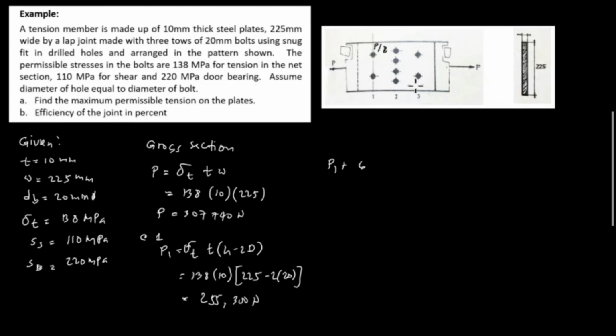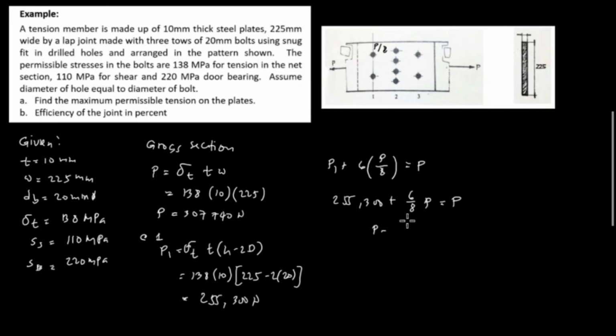With 2, 4, 6 bolts, which means we have 6 times P over 8 in every bolt, which is equivalent to P. And P1, which is 255,300 plus 6 over 8 P is equal to P.